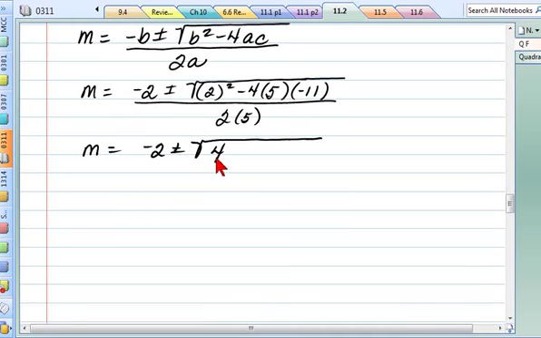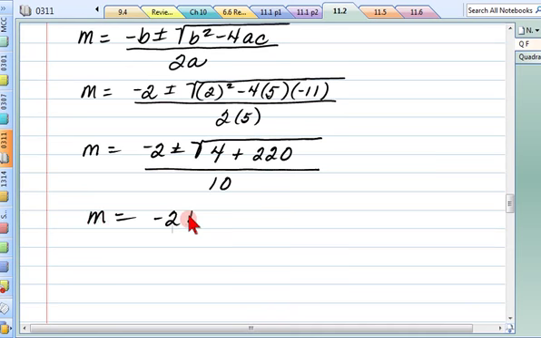Now this time I have a negative times a positive times a negative. Because there are 2 negative factors, did you have it as positive? So that's going to be negative 20 when you multiply the first, and then negative 20 times negative 11 is positive 220. And that's over 10. So I have m is equal to negative 2 plus or minus the square root of 224 over 10.